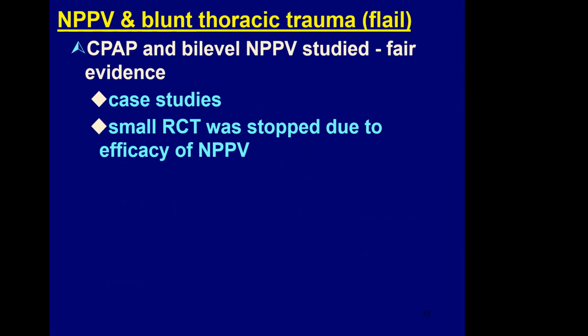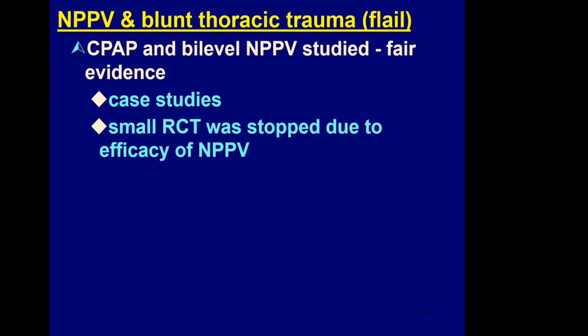Going on, NPPV for blunt thoracic trauma, i.e., a flail chest. Both CPAP and BiPAP were studied, and there's fair evidence for their effectiveness. However, these were observed case studies, which do not produce strong evidence.